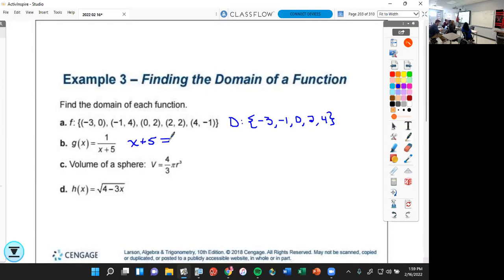X plus 5 can't be 0, because if x plus 5 is 0, now I'm dividing by 0. So x can't be -5. The denominator can't be 0. Just -5 plus 5 equals 0. Correct, that's what I got.